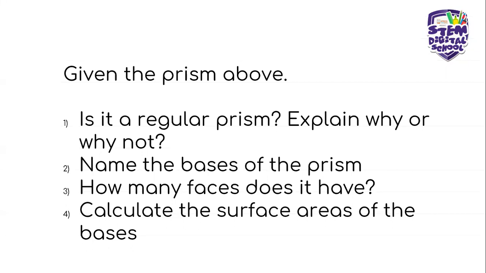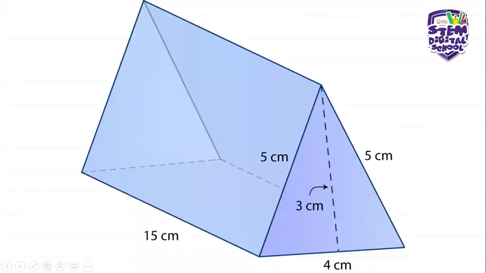And basically what we need to do here is to also check the number of faces that are there in the triangular prism. So I'm just going to take you back to the picture so that you can see the number of faces. In fact, how many faces are there in this particular prism?